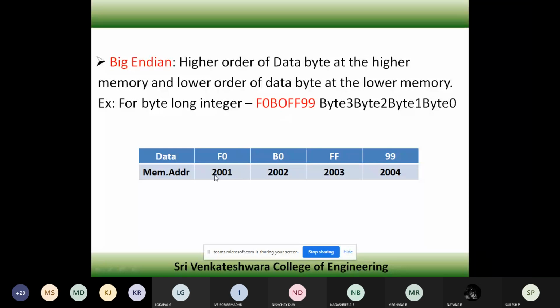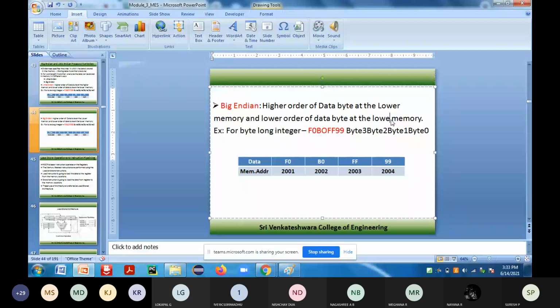The higher order data byte at the lower address, the lower order data byte at the higher memory address. That's what it is going to have.